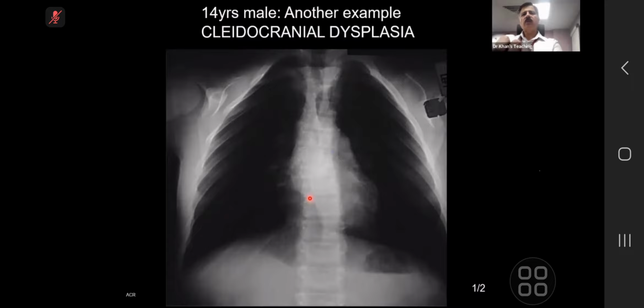Now, this is another example where it's a 14-year-old, but if you get this film, you start describing things, but then you understand that there is no clavicle. Clavicles are missing. Look at the glenoid, and the glenoid is sort of small.